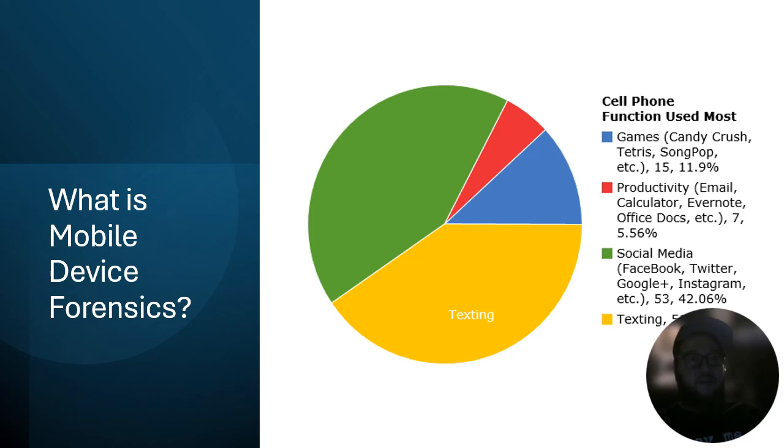Cellebrite allows investigators to quickly access standard information such as calls, messages, location history, and app activity, which provides important context and potential leads. There are also other tools, both open source and commercial, that are also used by investigators.